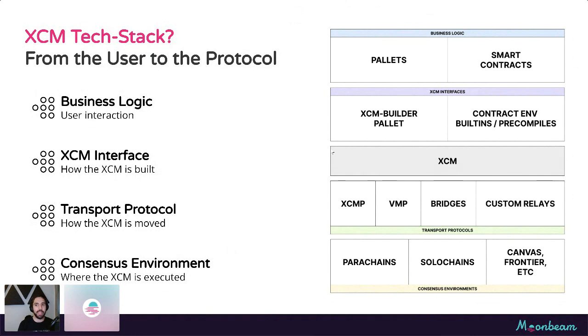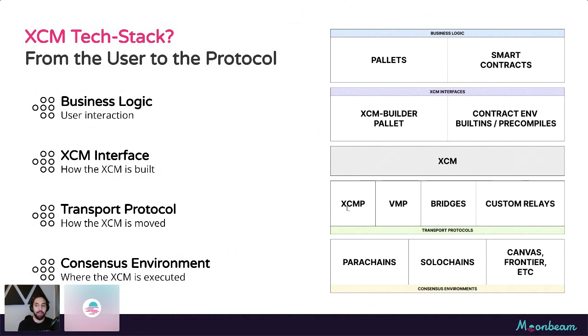Then you have the XCM itself, which once again is the message that is being sent. And the next step is where a lot of people get confused: there is XCM, which is the message, and there is XCMP, which is one of the ways that the message moves from A to B. There are different transport protocols it can use: XCMP, VMP, bridges, custom relays. It's just a way for the XCM to move from one point to another.